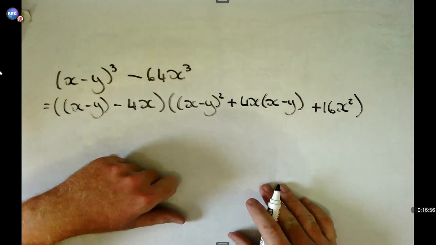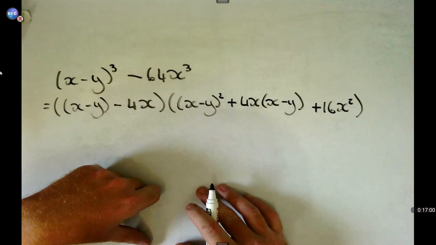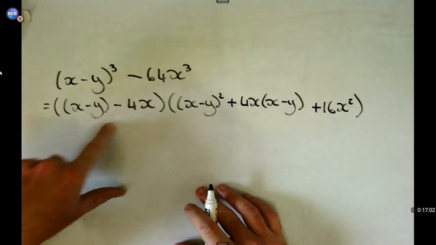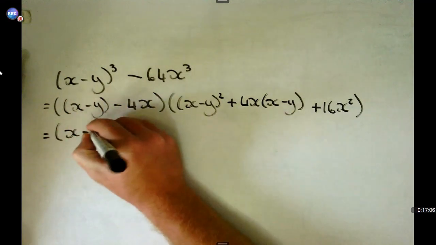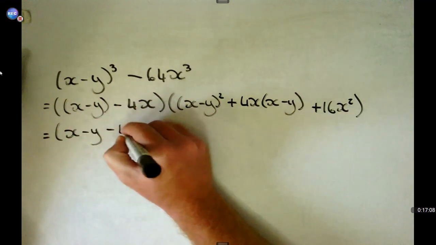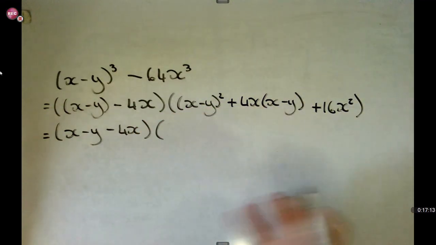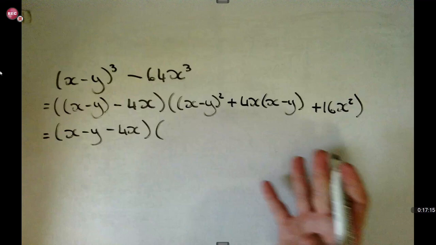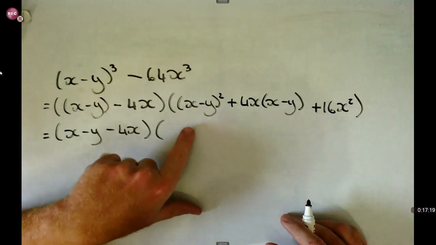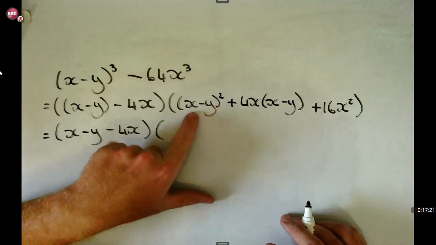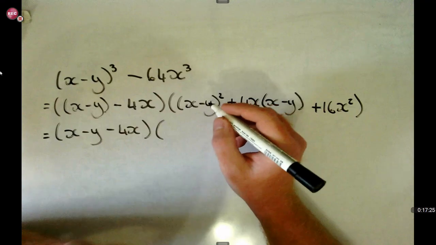And as you can see now, we've got one major thing to solve over here. So first of all, I'm going to get rid of these brackets here. So I will have the following: x minus y minus 4x. And obviously you're going to work with like terms in this regard to solve whatever you've got to solve here. Then, secondly, we now need to get rid of these brackets over here. So if I get rid of these brackets, I'll have the following.